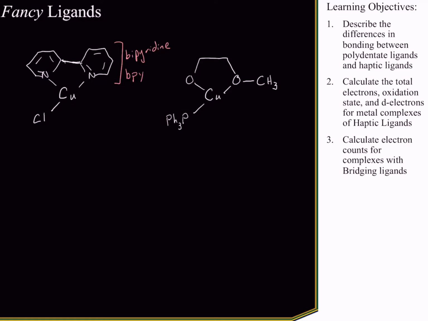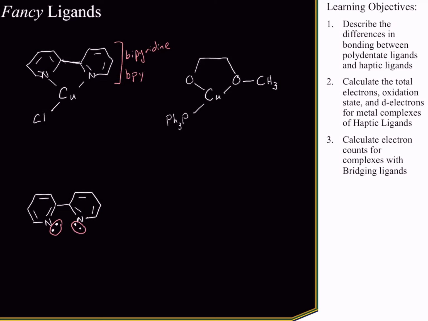If I'm going to draw out the neutral structure for bipyridine, it looks like this. Nitrogen makes its 3 covalent bonds and has a lone pair. So the neutral form of bipyridine would look like this, and we can see that each one of these nitrogens was a 2 electron donor.